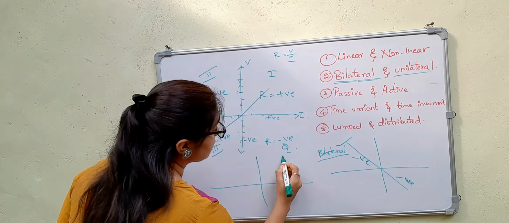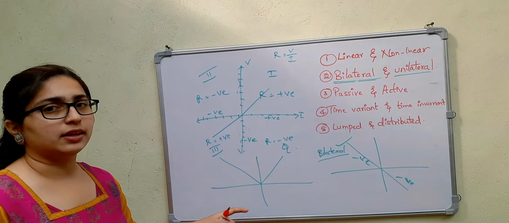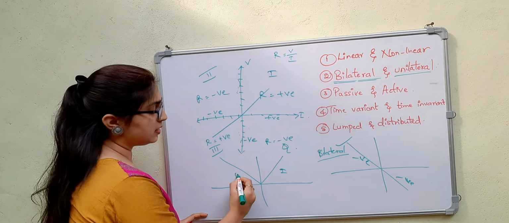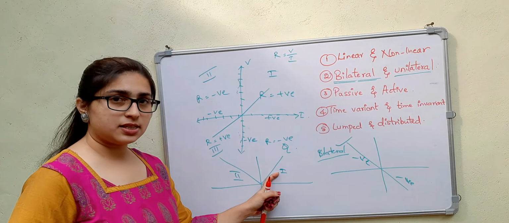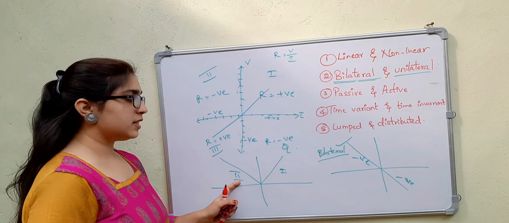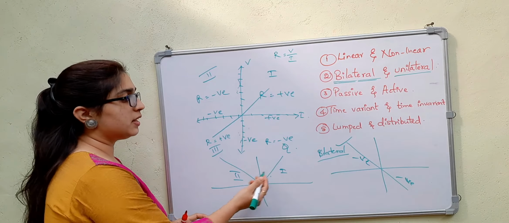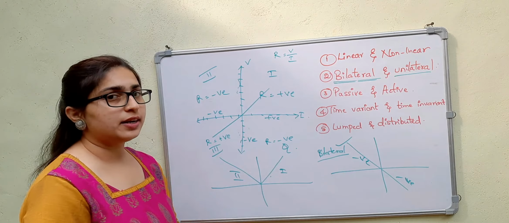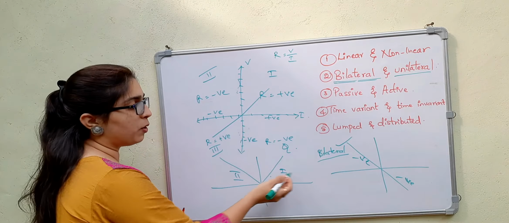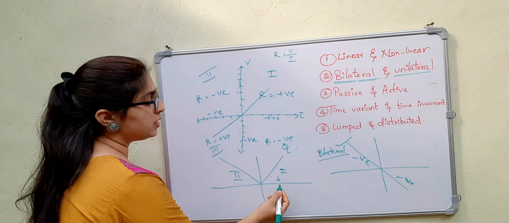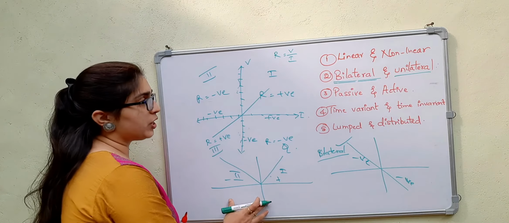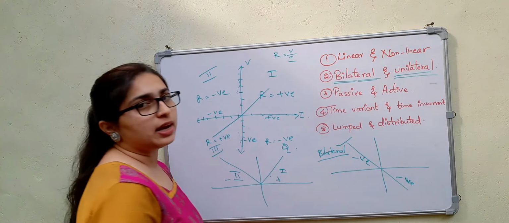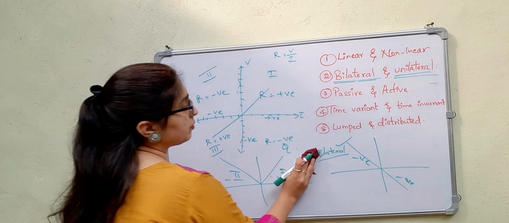But what happens if I have a characteristic like this? See, this is the first quadrant, this is the second quadrant. The resistance is positive here, the resistance is negative here. That means the resistance or the impedance, whatever is there, is changing, right? It's not constant throughout, it's not positive throughout. Here it is positive, here it is negative. In such cases, it will be called a unilateral element.